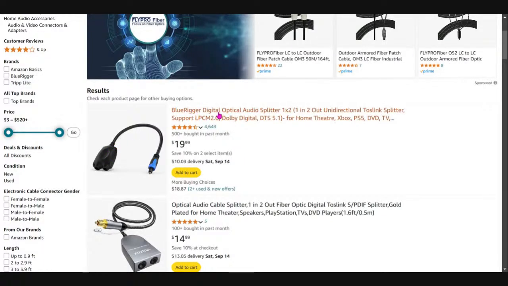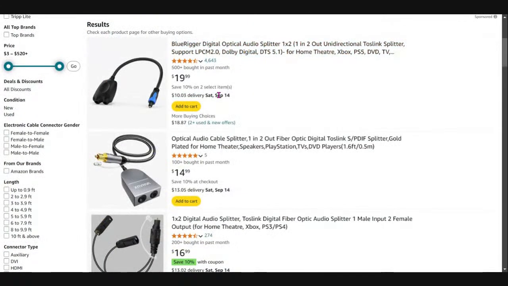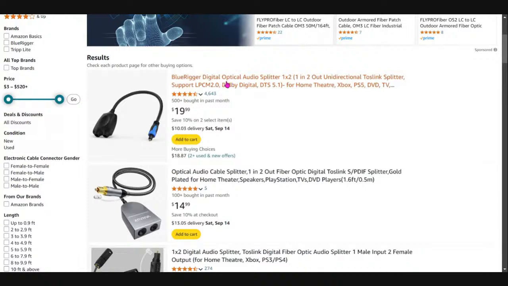Blue, rigor, digital, optical. It's digital. I don't like that it's digital. It might be good enough. It's an optical audio splitter for home theater. It might do the job for $20. This would be a splitter.